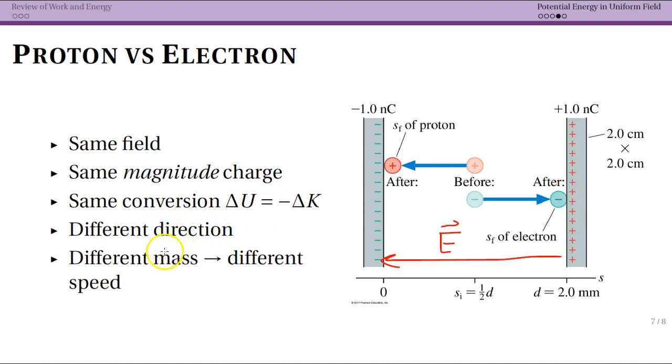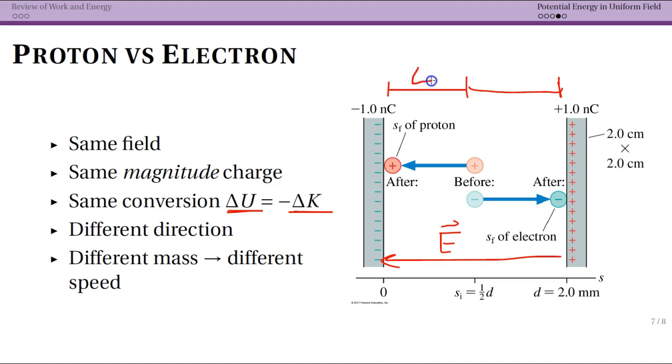Now the other thing to think about is that these have different masses. The proton is about 2,000 times heavier than the electron. So even though they have the same delta K, and they're going to have the same delta U, in this scenario, since they're let go in the center, we can think about the change in position, right?